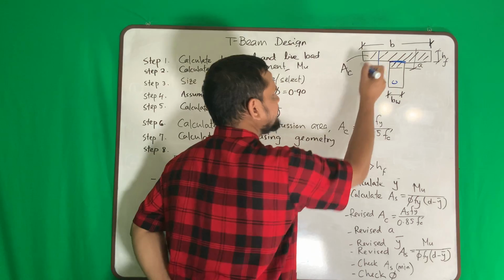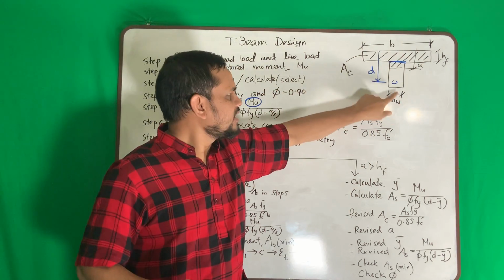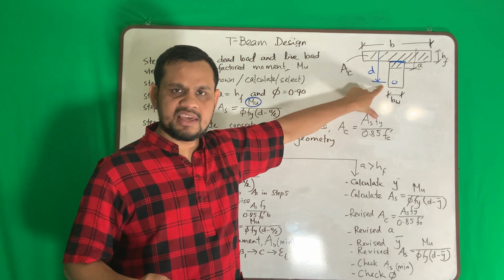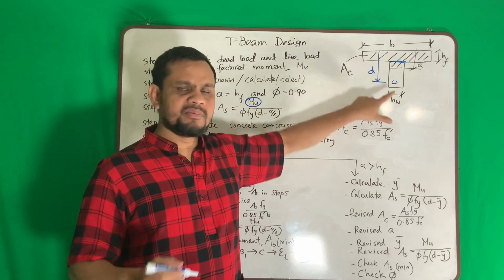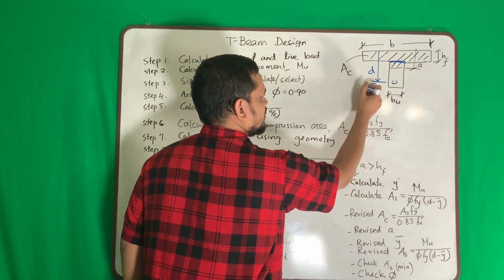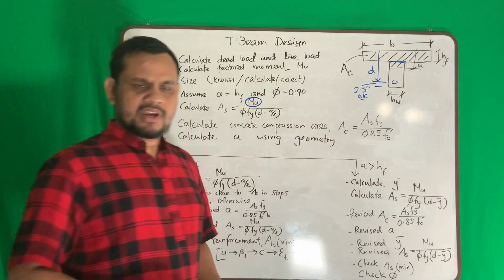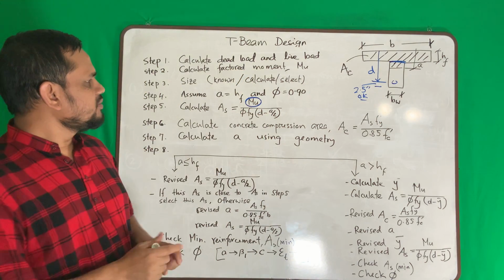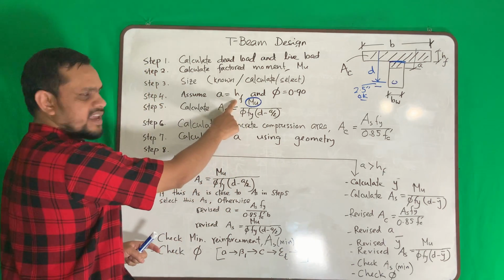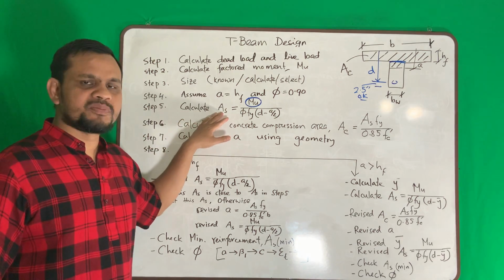You will decide based on this depth, maybe deducting some space for clear cover, typically 2.5 inch should be good. So then you know your d from that. For a, you just assume a is hf. Then you get your reinforcement area.